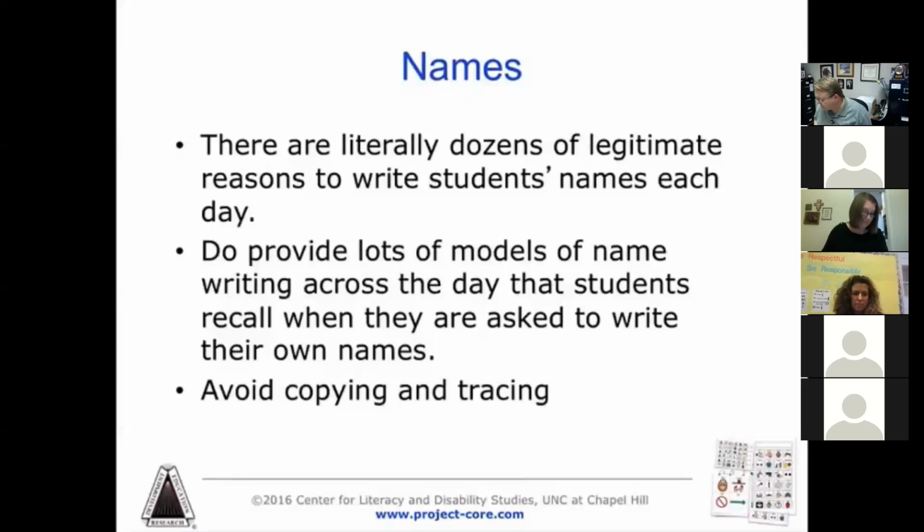No other word provides more learning opportunities than a student's name. Given that the goal is to help students learn the letters in their names, avoid copying and tracing tasks. These tasks focus on the form and shape of the letters and take the focus away from learning to recognize and name letters and select or write them at will.